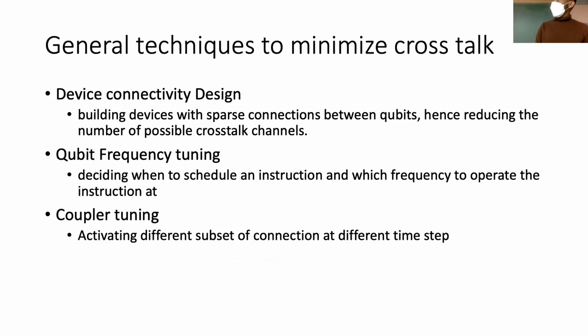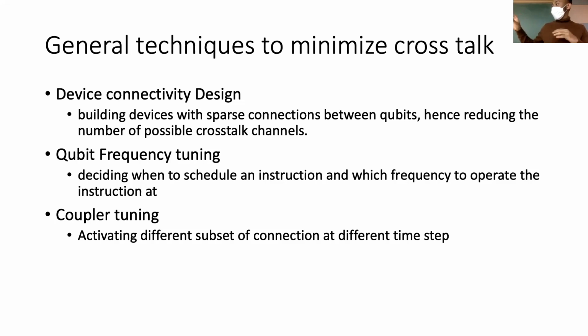So what is a crosstalk? Crosstalk is when we apply two-qubit operations in parallel and there is interaction between them. When we apply a two-qubit operation, we put those two qubits in resonance so that we can create some interaction.